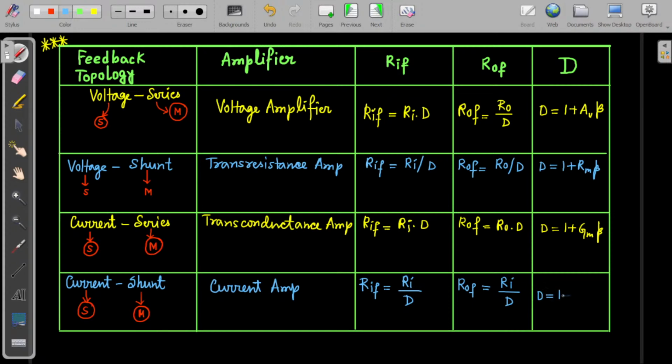D was 1 plus the gain of the current amplifier, AI into बीटा.